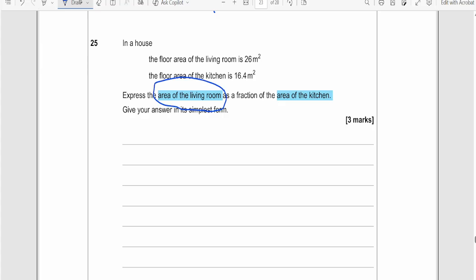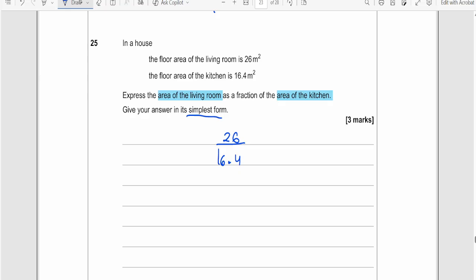Whatever is mentioned first. Living room, which is 26, so I will write 26 in the numerator, and in the bottom I will write the area of the kitchen, which is 16.4 meters square.